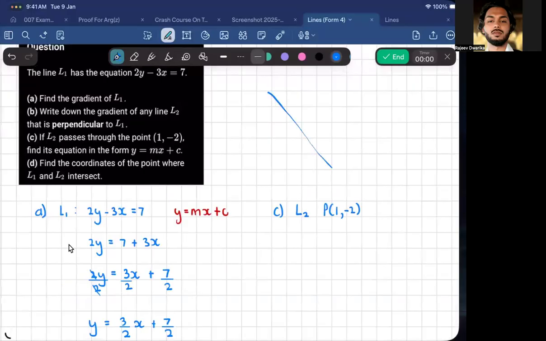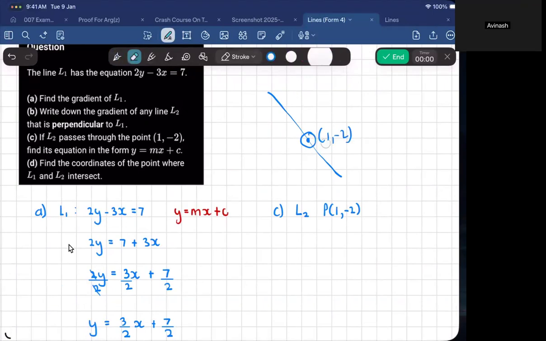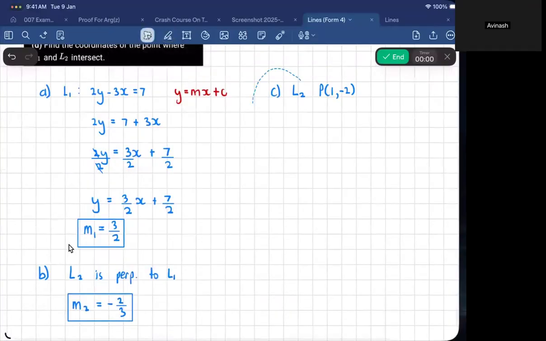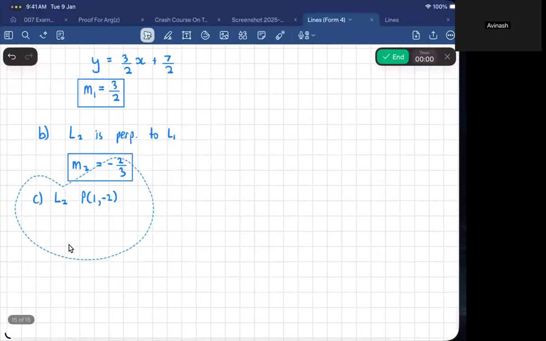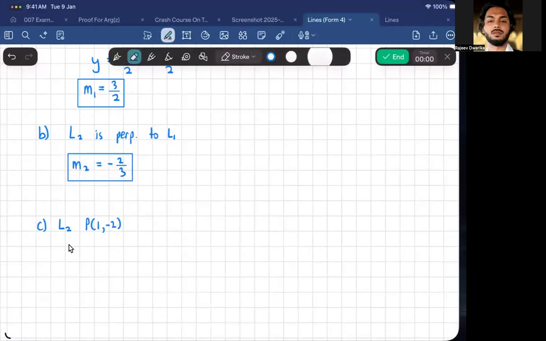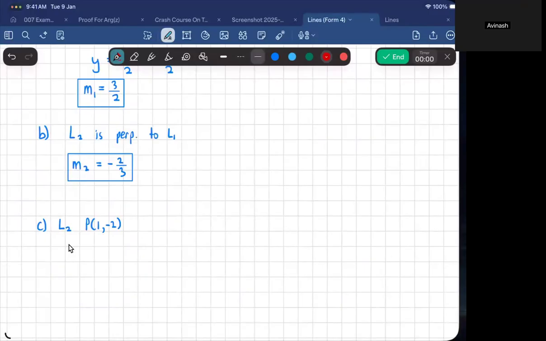So we have a line passing through this point, and they want me to find the equation in the form y = mx + c. Do we know anything about line 2 so far? We know the gradient is negative 2 over 3. Excellent. That's good.